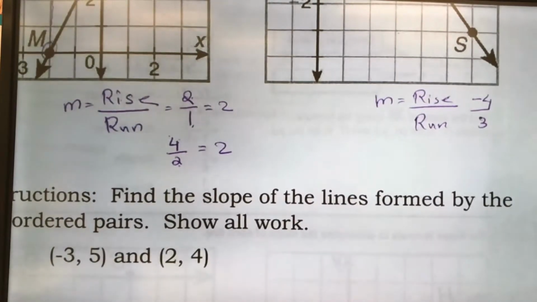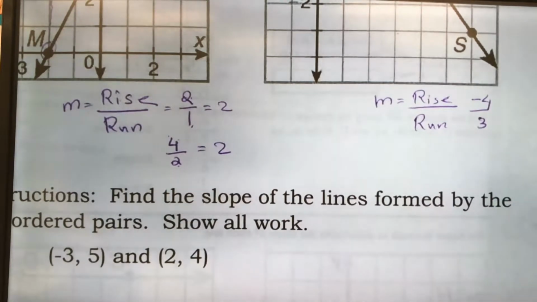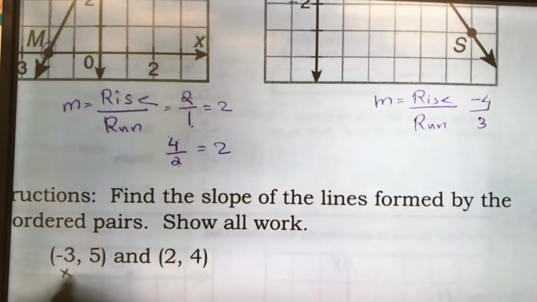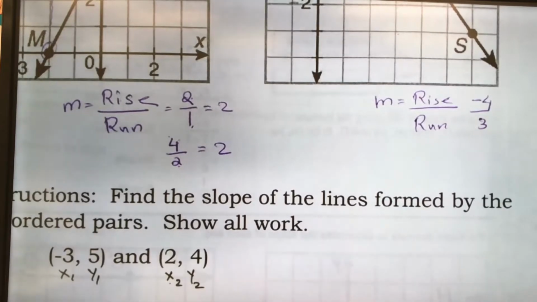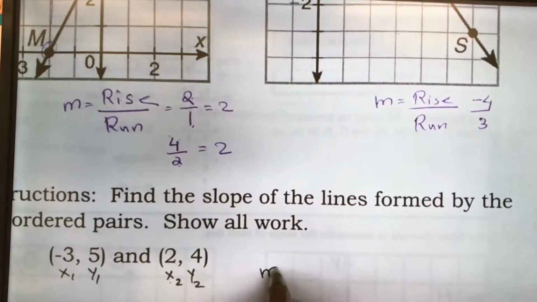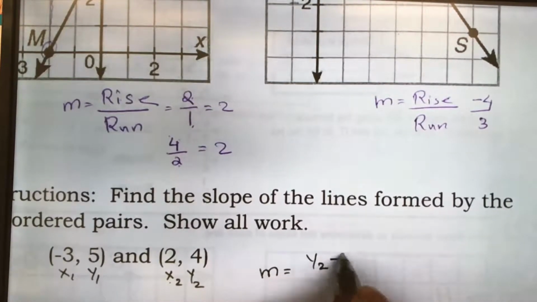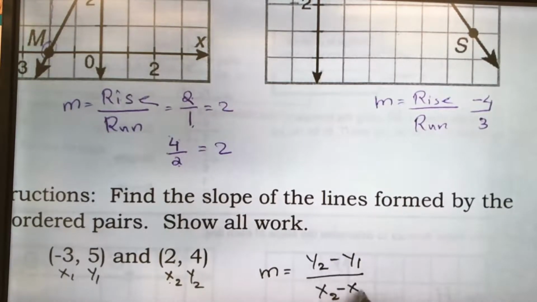I have 2 points given. Choose 1 point as x1, y1. When you have a coordinate, the first one is the x and the second is the y. So the second point is x2, y2. Apply the formula m is equal to y2 minus y1 over x2 minus x1.